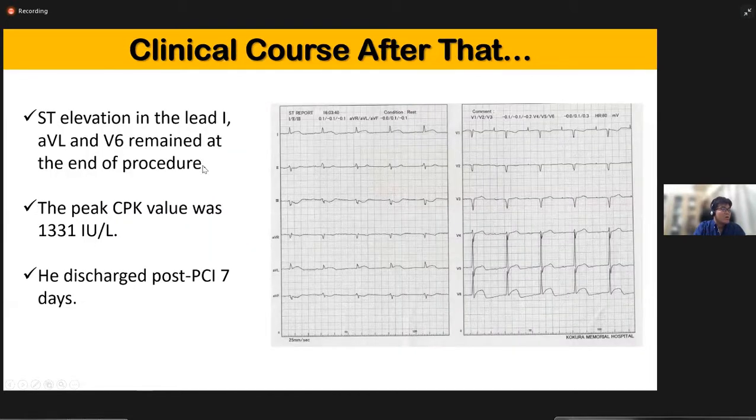About the clinical outcome. After that, in this case, of course, ST elevation remained at the end of the procedure. The peak CPK was over 1,000. However, he was discharged 7 days post PCI.